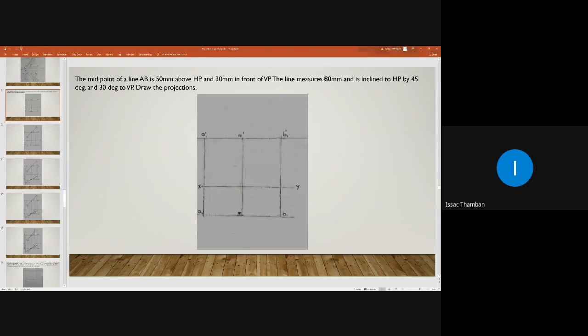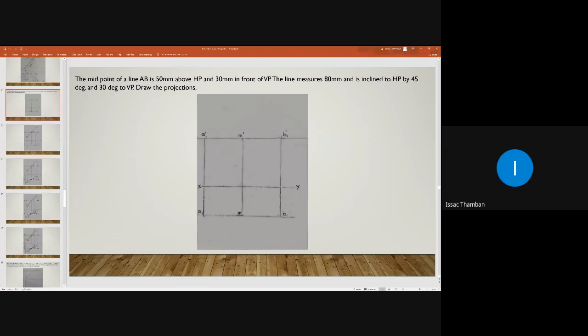The line measures 80 mm. True length is 80 mm. You know the midpoint of line AB. So, can you locate A1 dash and B1 dash from this data?